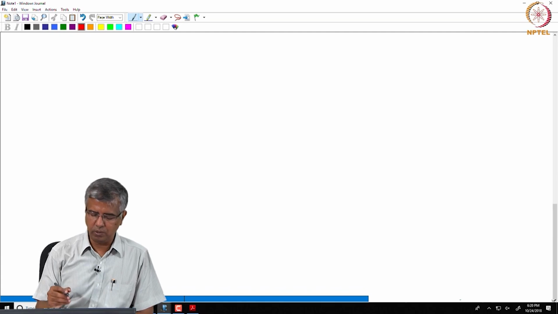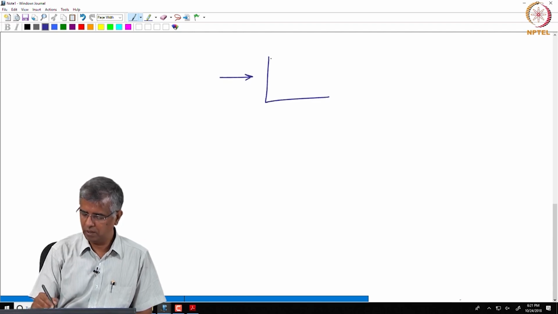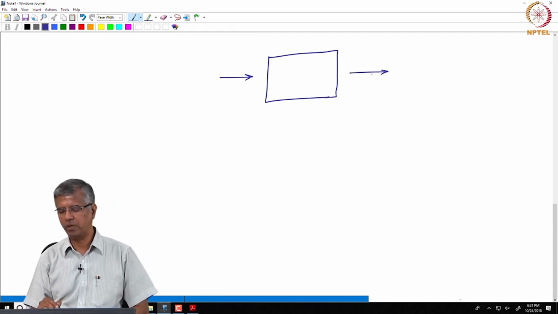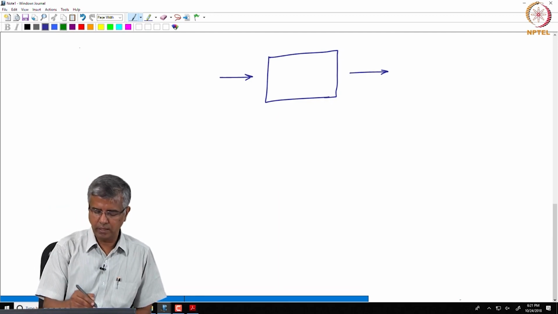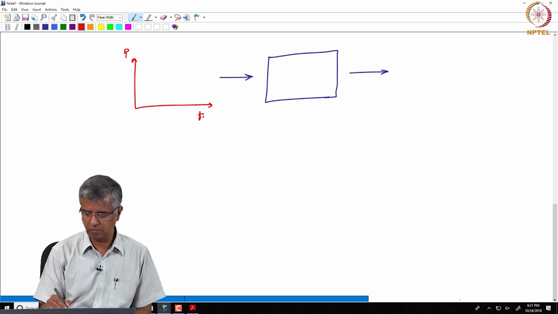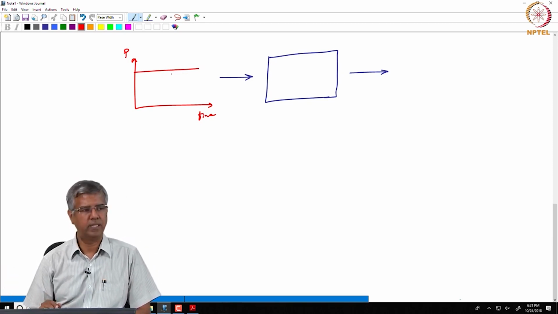What you are going to be looking at is how do you manipulate light? That is what we started with, right. So, you have a light beam coming into this black box and your light beam is going out. Let us say the incoming light beam has a power as a function of time like this, it is uniform power as a function of time.